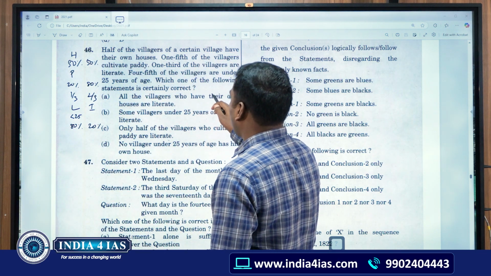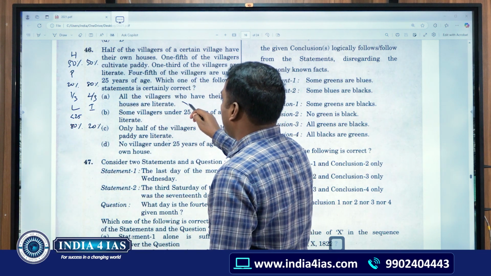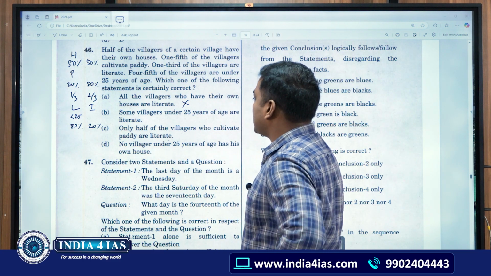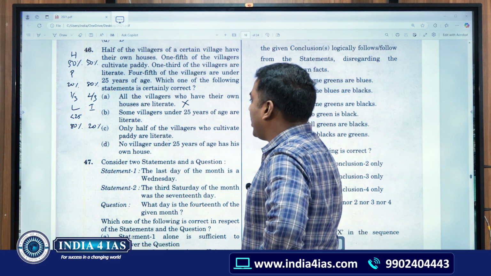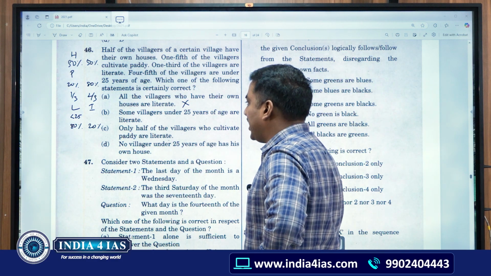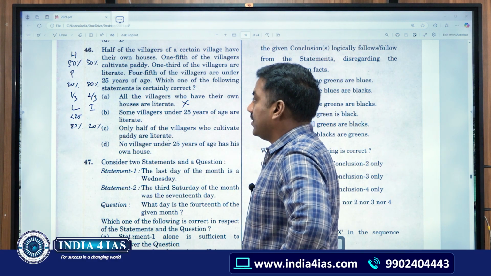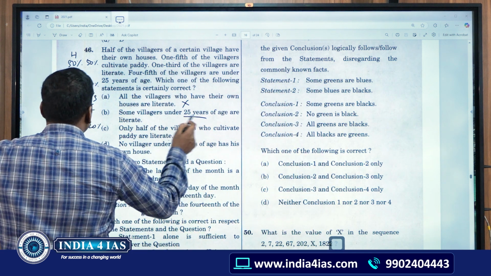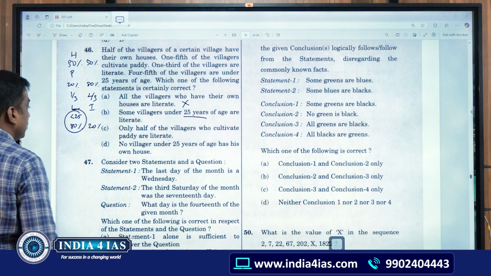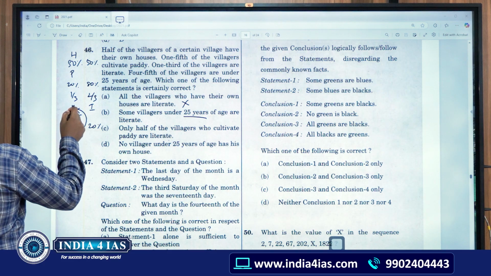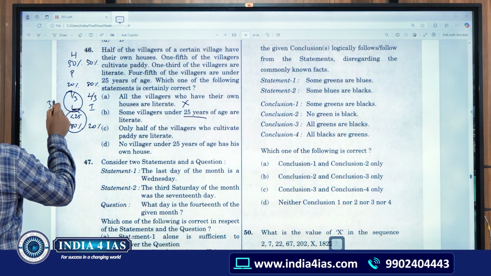All the villagers who have their houses are literate. No. Some villagers under 25 years of age are literate. We cannot say that, but let me check. Some villagers under 25, so there are 80%, and they are literate. So how much is the literacy percentage? 33%.